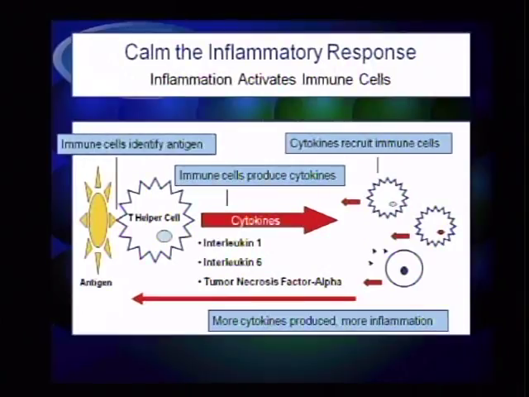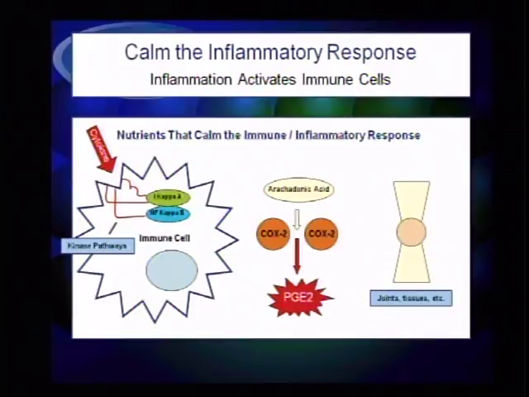And so as we take a look at this slide, we see that immune cells identify the antigens in the body. This is how inflammation activates immune cells. And then the immune cells produce cytokines. These are actually chemicals that attract more white blood cells to that area and also recruit inflammation. As we go through calming the inflammatory response, we see one up in the corner here with this red arrow.